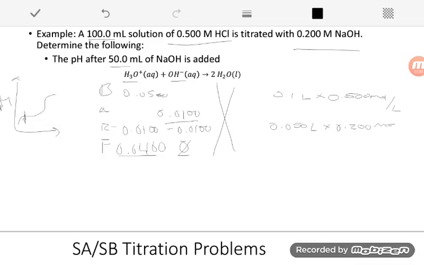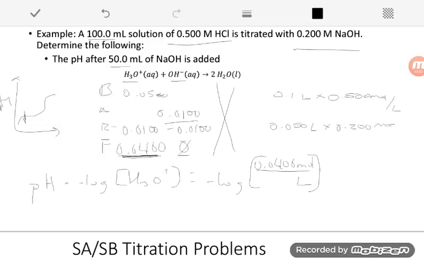Now, since I have H3O plus left, my pH is really easy. I know pH is negative log of H3O plus. So I'm just going to plug that in, but I need to be careful because this isn't the concentration of H3O plus, it is the moles. So I can plug that in as the moles, but a concentration is moles over liters.